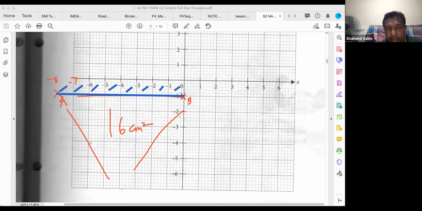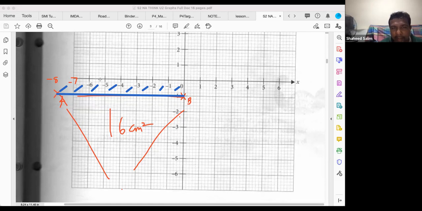Now, if it's a rectangle, 8 times 2, then you have 2 cm down here. But this is half the area of a rectangle. So how many cm must the height go up? You understand what I'm saying?